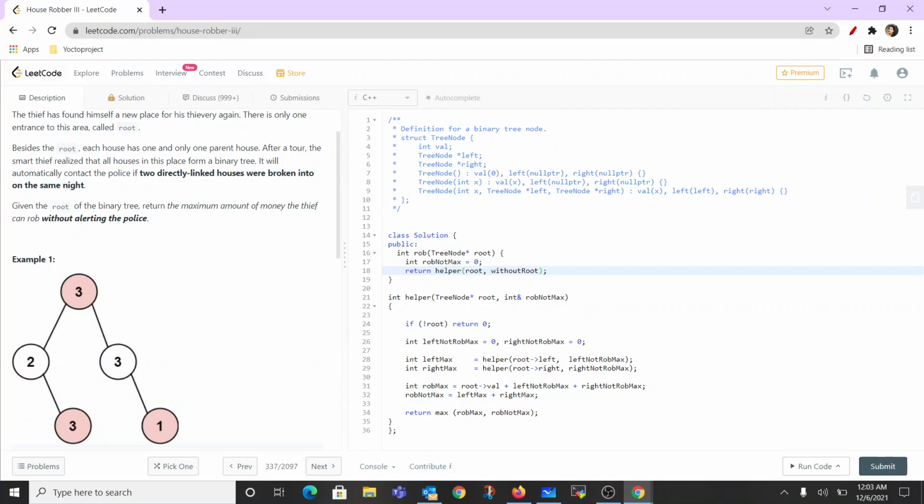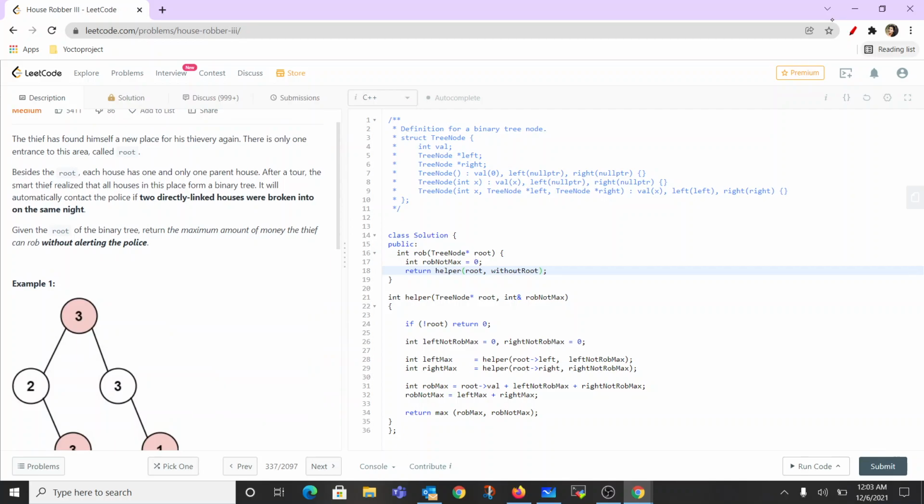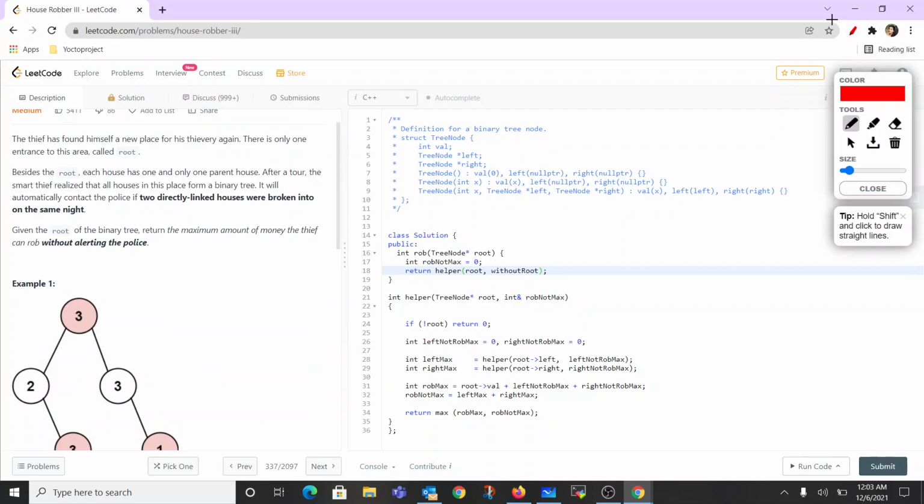Now, the question simply says that if two directly linked houses are broken into on the same night, then the police would be alerted, right? So that's why we are required to choose those houses which are not directly linked.